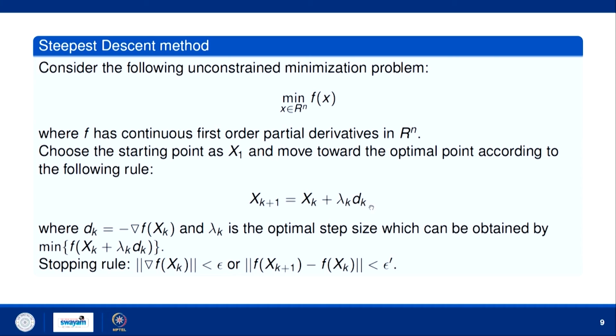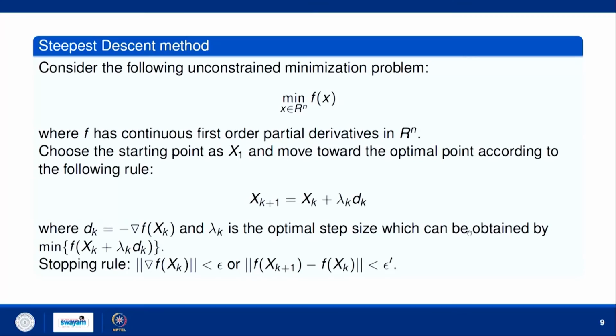Now, d k is a direction, and here it is a minimization type problem, so that direction must have the descent property. Descent property means that f of x k plus 1 should be less than f at x k, and lambda k is the optimal step size. So, how we will obtain this, let us discuss.